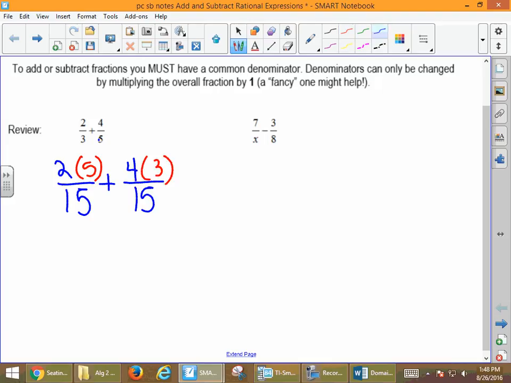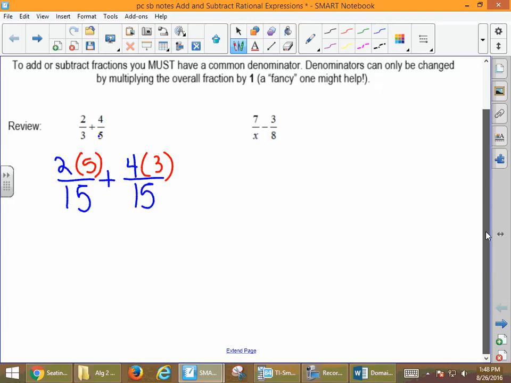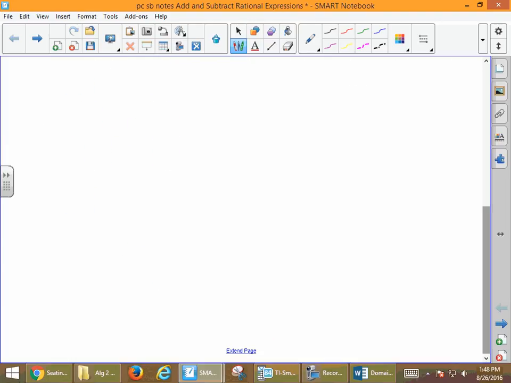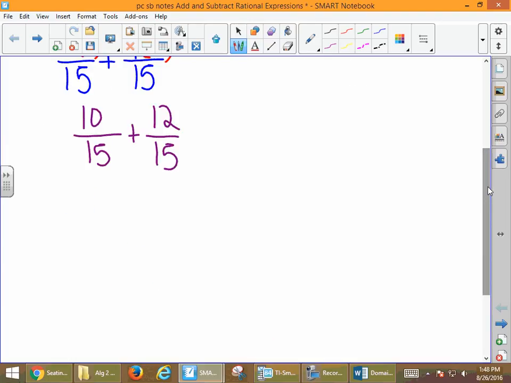And this is a fairly simple example, although recognizing that fractions for some people will never be simple. But once we determine the common denominator and make the numerators equivalent, we can add these together. 2 times 5 is 10 15ths. 4 times 3 is 12 15ths. And when we add these together, 10 plus 12 is 22 15ths.